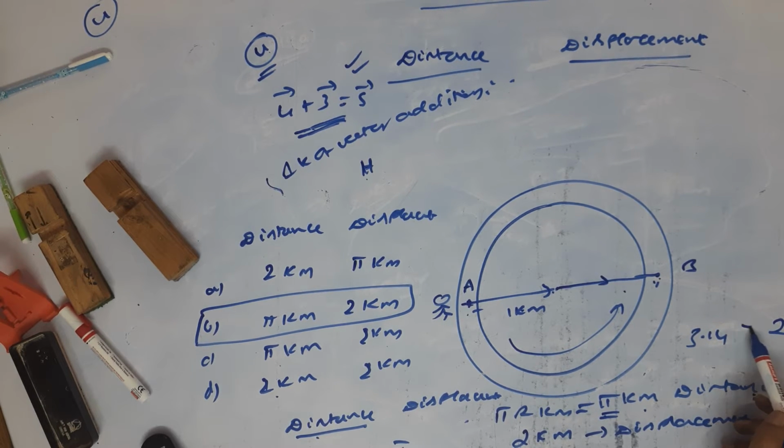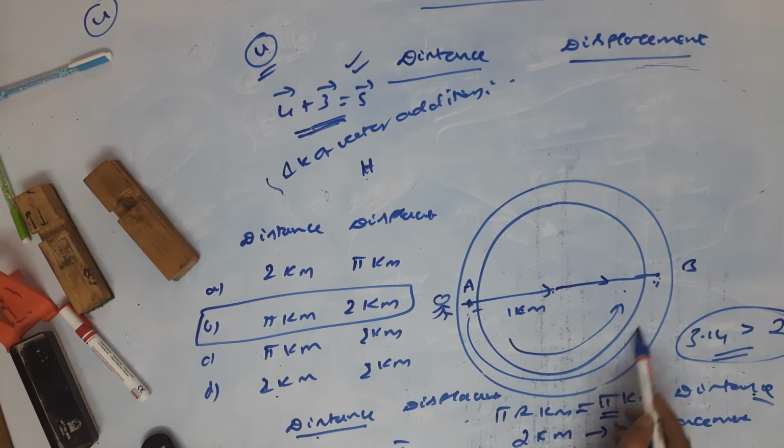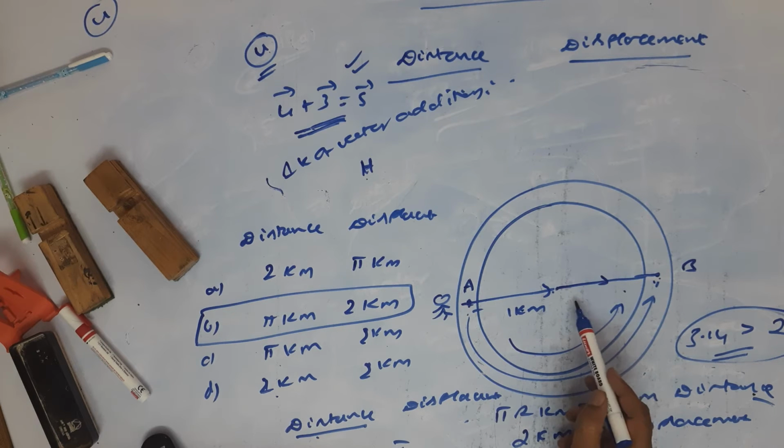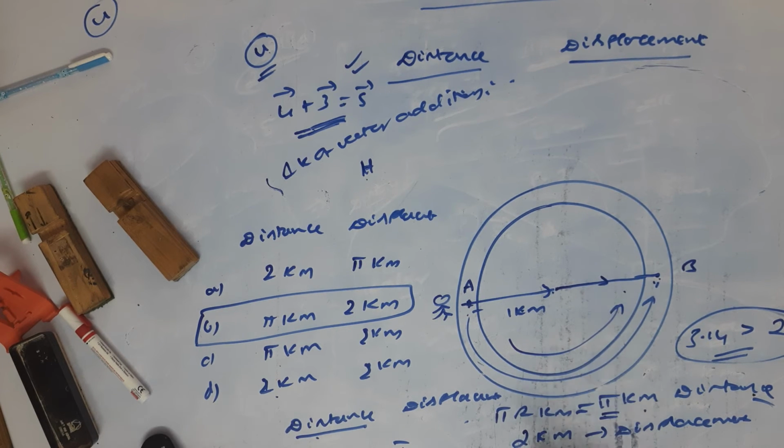No doubt, 3.14 is greater. Very good. So that's why you please remember: 3.14, this is distance, whereas this is displacement. Therefore, 3.14 kilometer is greater than 1 kilometer plus 1 kilometer, 2 kilometer. The right answer is B, distance is always greater than the displacement.